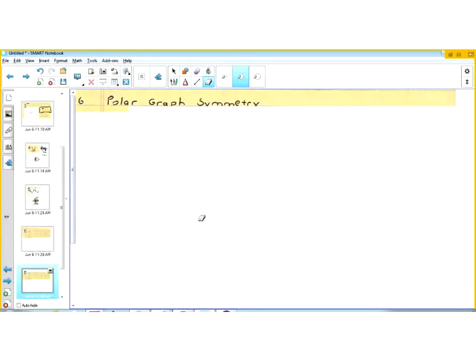All right, so let's do this one now. Let's do another polar sketch, polar plot. Let's sketch r is equal to 1 plus 2 cosine theta.